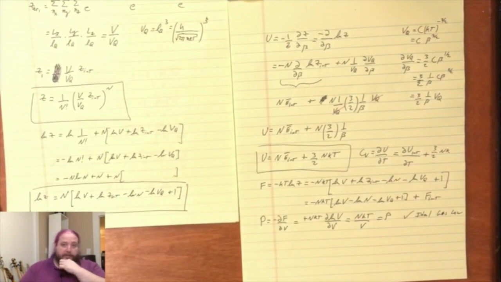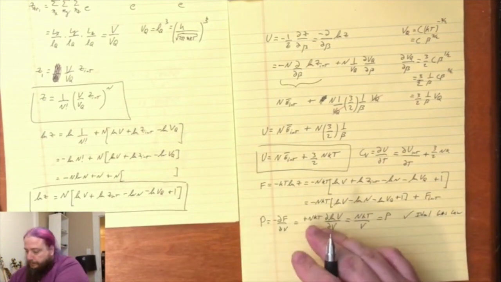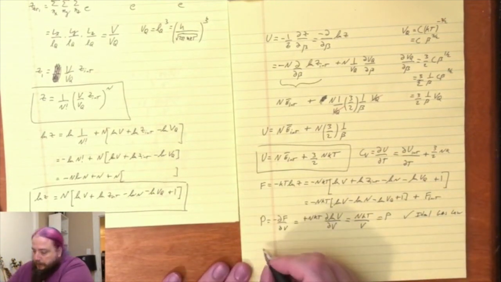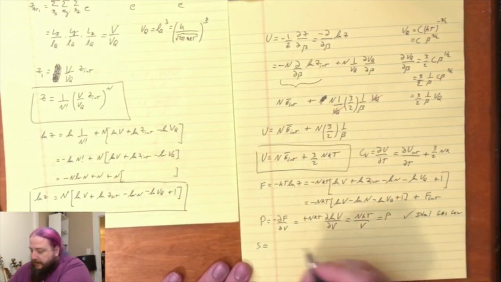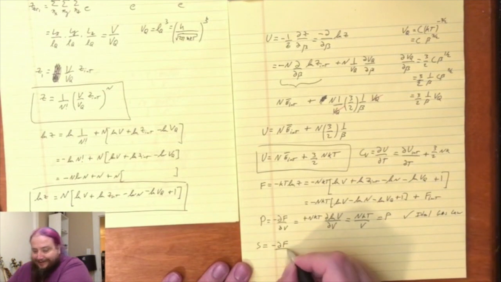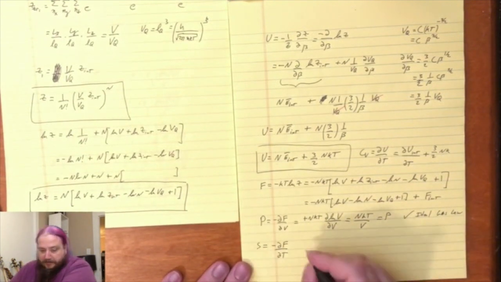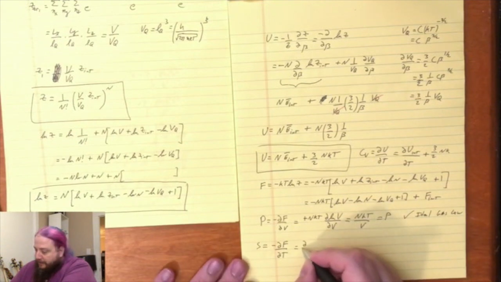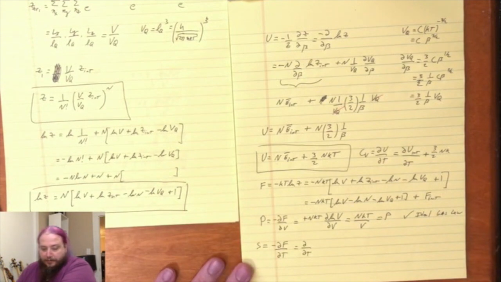We could also use the Helmholtz free energy to derive things other than pressure, right? We could derive the entropy of our ideal gas. So S, the entropy, is minus dF/dT, and so that's going to be d by dT. The minus sign goes ahead and cancels out the minus sign of the Helmholtz free energy.